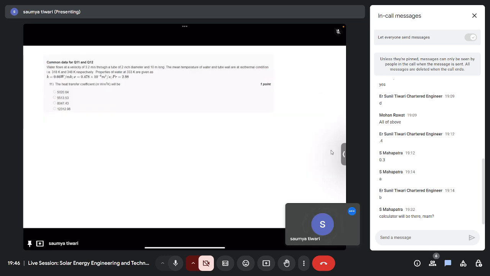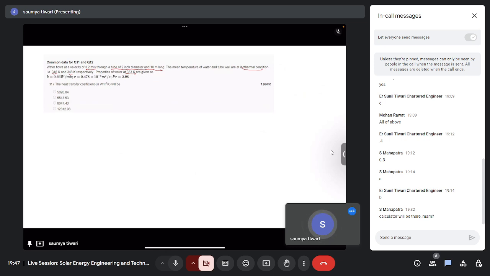Now this is another question. Water flows at a velocity of 3.2 meter per second through a tube of 2-inch diameter and 10-meter length. The mean temperature of water and tube wall are at isothermal condition, which are given as 318 and 348 Kelvin. Properties are given at 333 Kelvin.